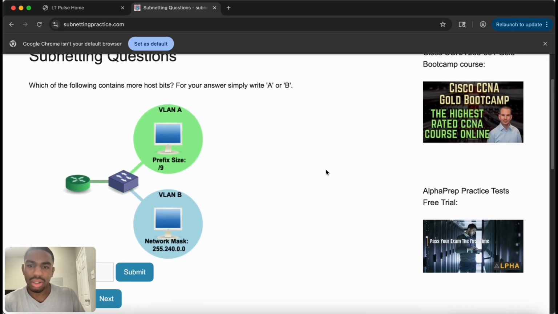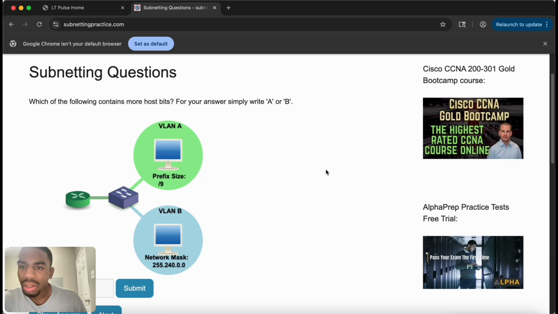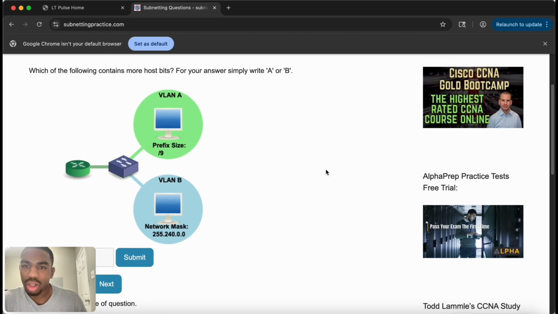Here we go, this one looks a little bit more involved. Which of the following contains more host bits? Definitely VLAN B. Why?